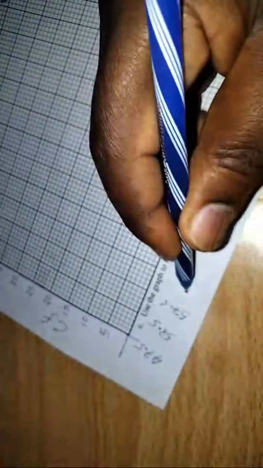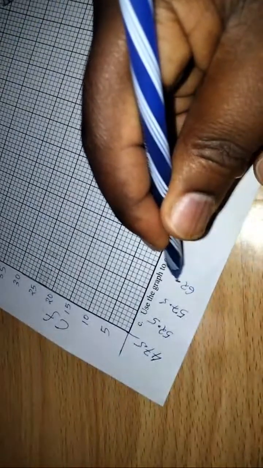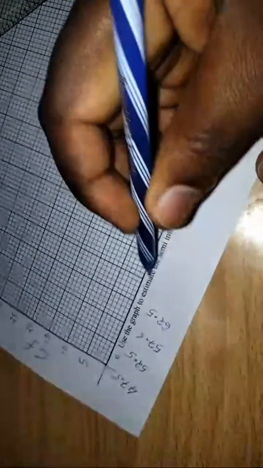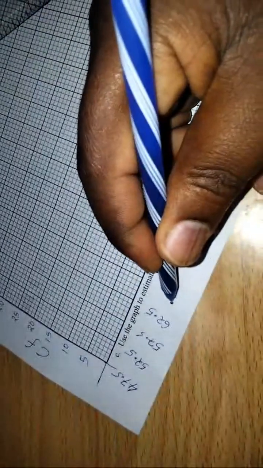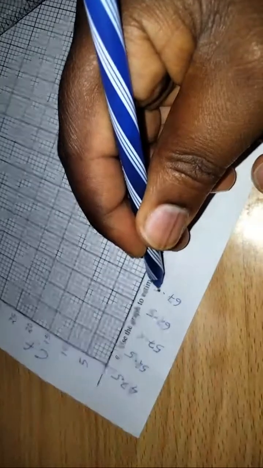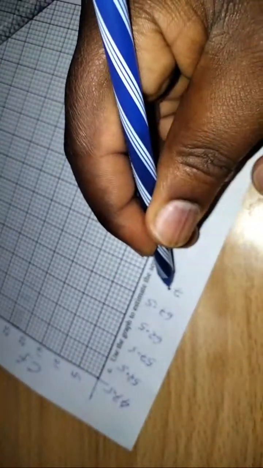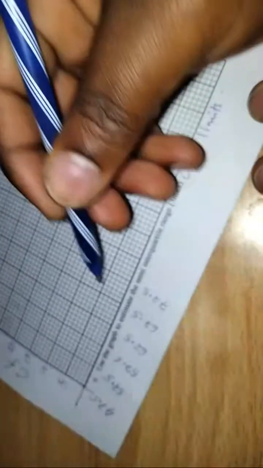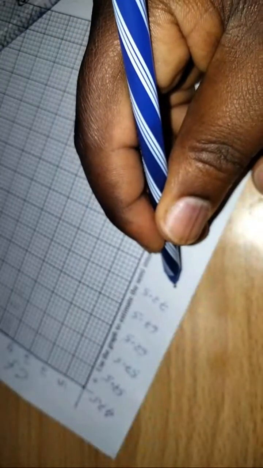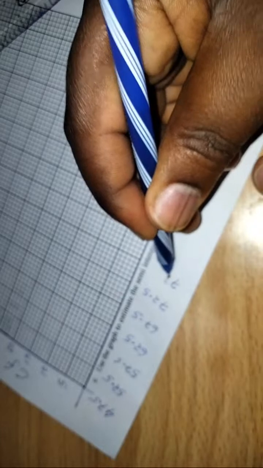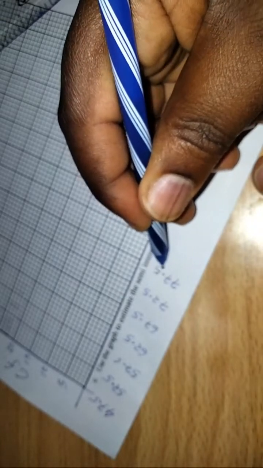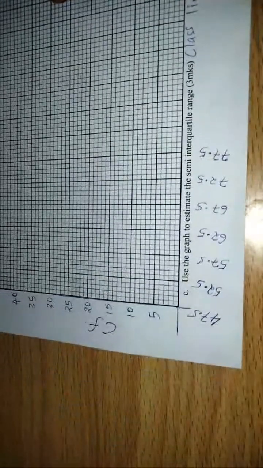Then I add 5 again to 62.5, then 67.5, then 72.5, then 77.5. So I have all the limits now stated according to this data.